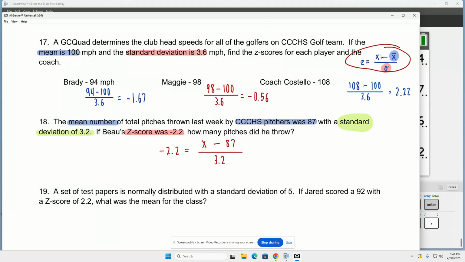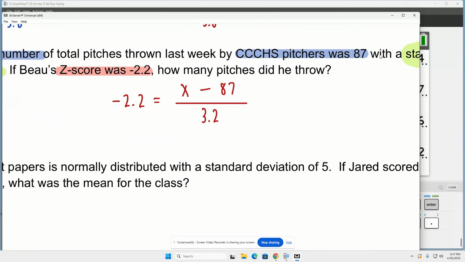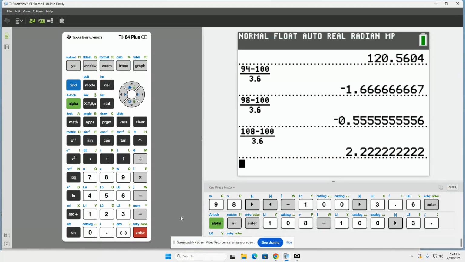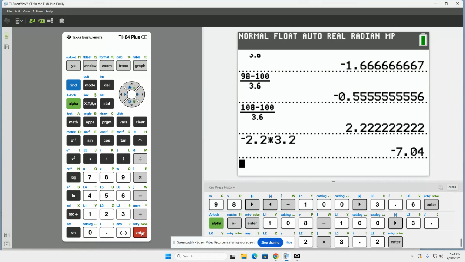All right, so here's my process. How do I get rid of this divided by 3.2? You got to multiply by 3.2. So I'm going to go up here. I'm going to go negative 2.2 times 3.2. And that gives me negative 7.04. Okay?